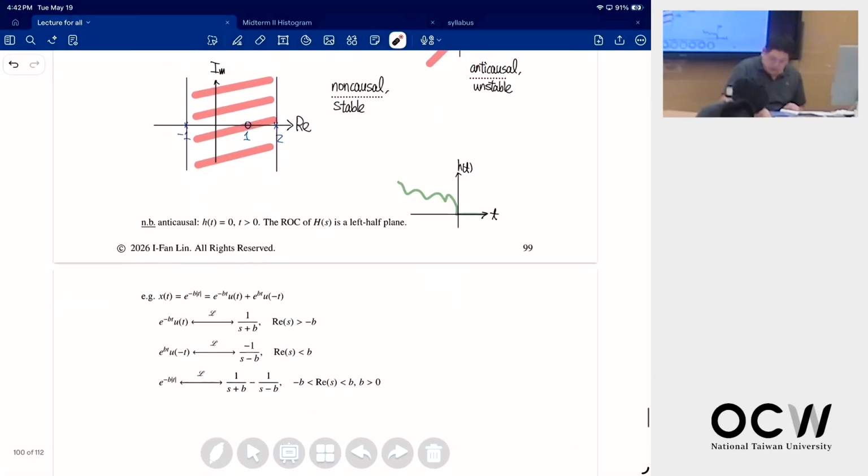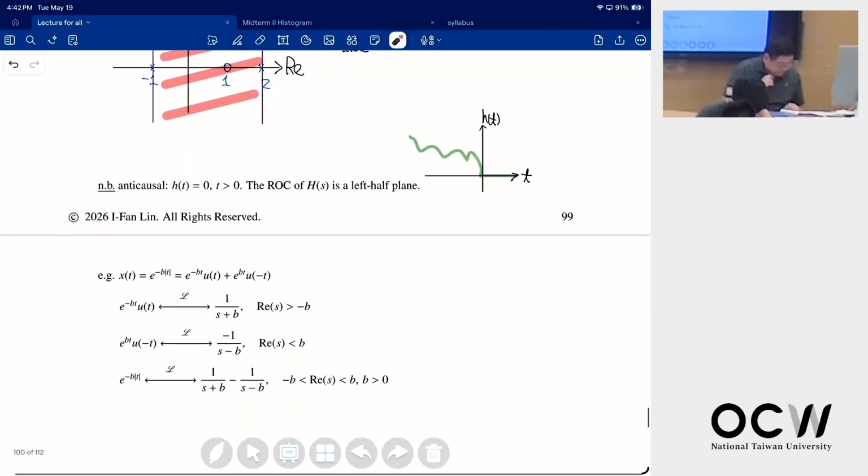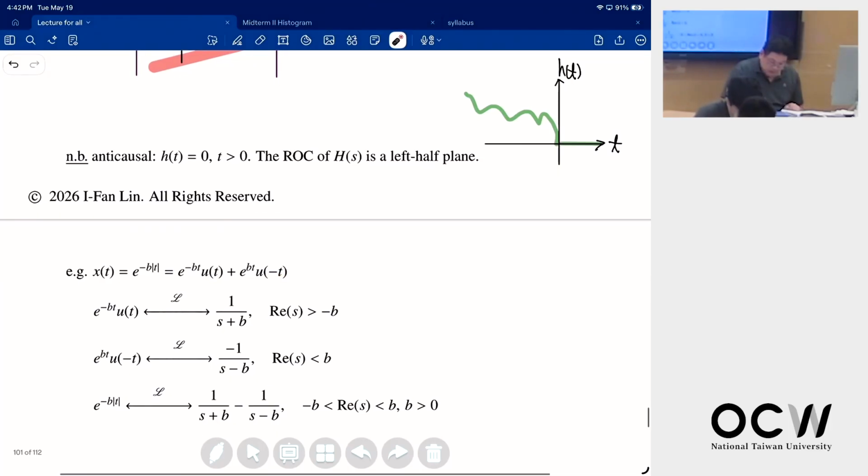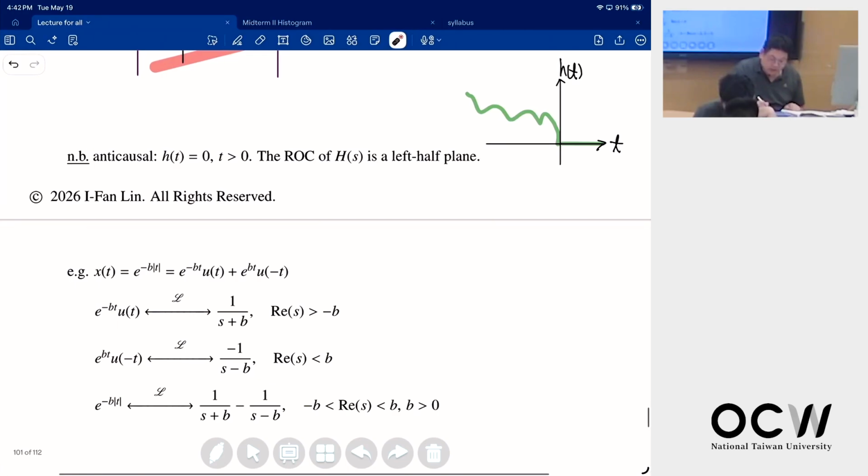Next one. If I have a signal, e to the minus b times the absolute value of t. In this case, we can rewrite this signal using the unit step function. So for this part, these are right-sided signals, right? So the region of convergence should be greater than minus b.